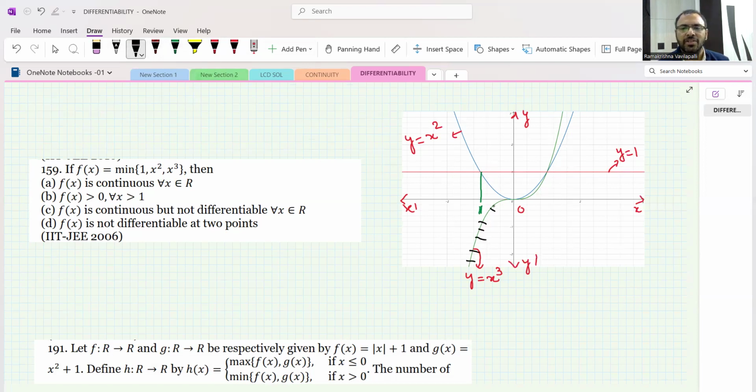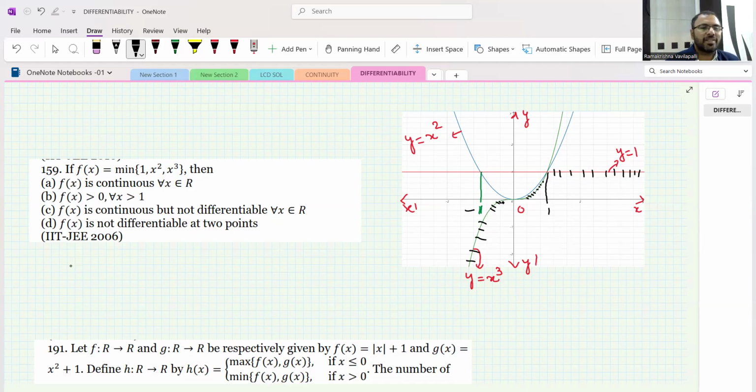Till 1, x cube is the minimum of these three, and the next one is directly y equal to 1.